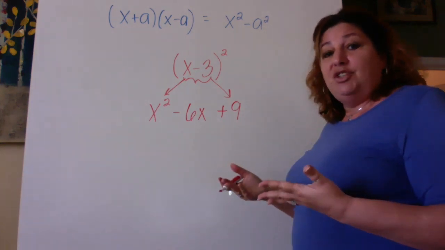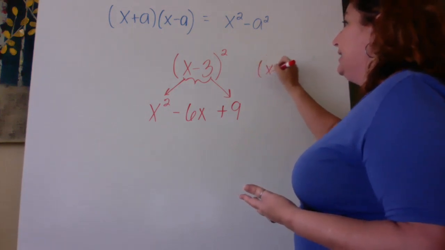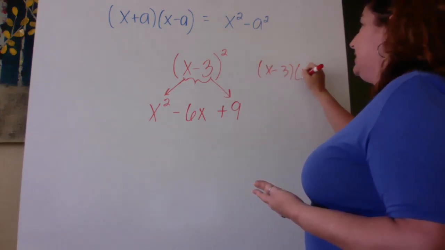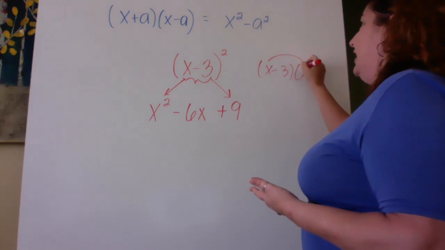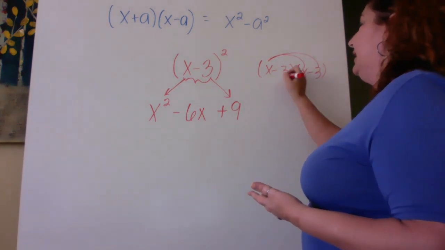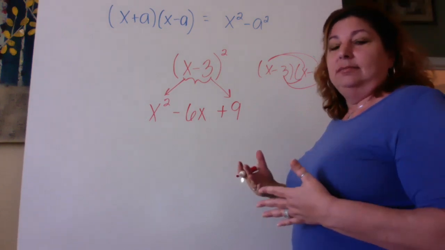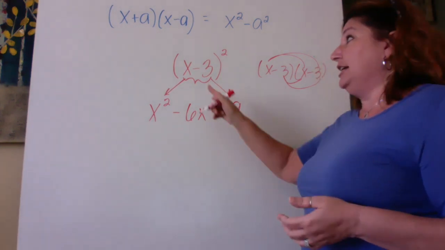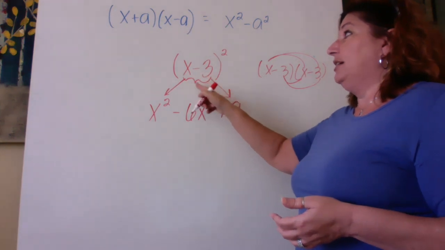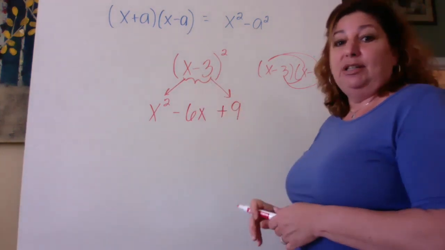I don't have to do the whole x minus 3 times x minus 3. I can do a shortcut because I know I'm going to square this, square this, multiply, and double.